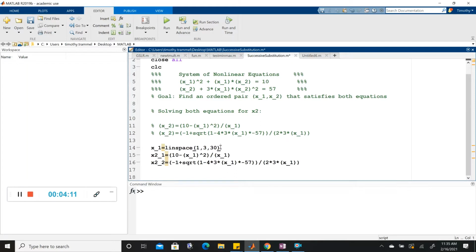And since we're going to be plugging a vector into this, I want to make sure that I vectorize some of these operations. I want to vectorize that squaring and this division, and that should be good. And so now we can finally plot.